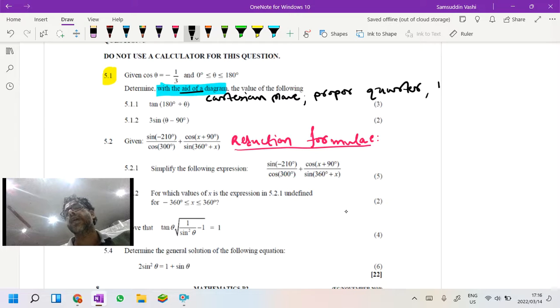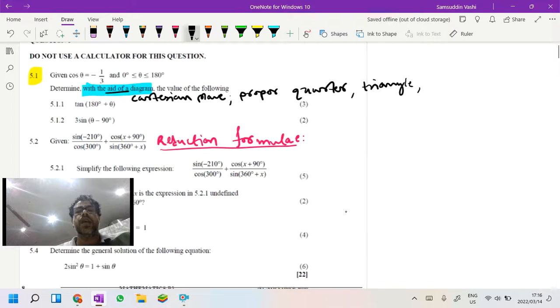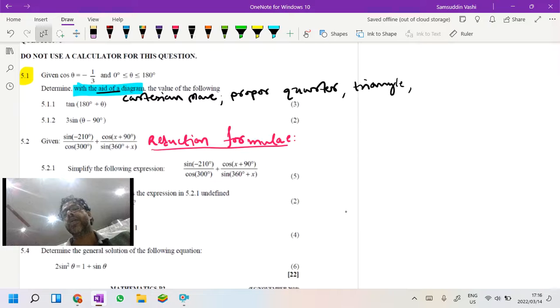We draw our triangle, and for the rest of the questions we are going to use a triangle to answer. So it might include a reduction formula. And for the triangle we are going to use SOHCAHTOA.